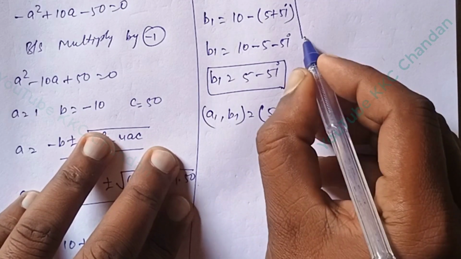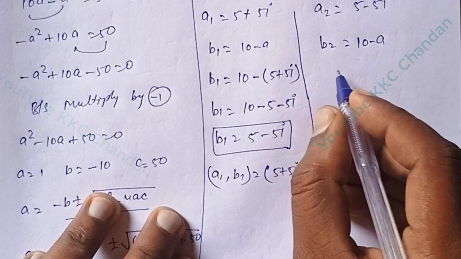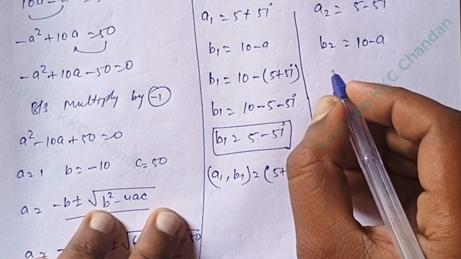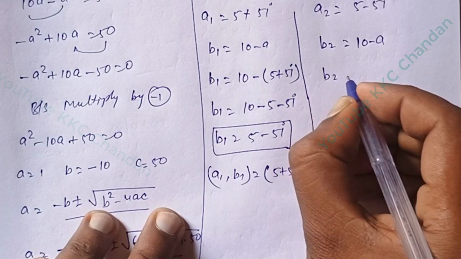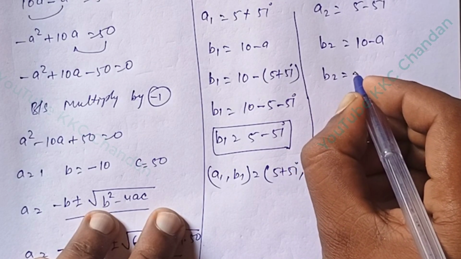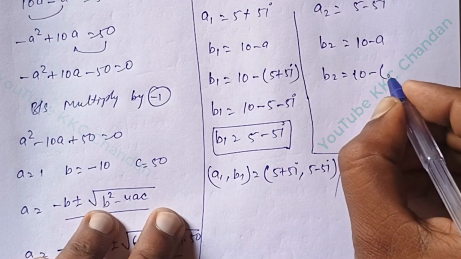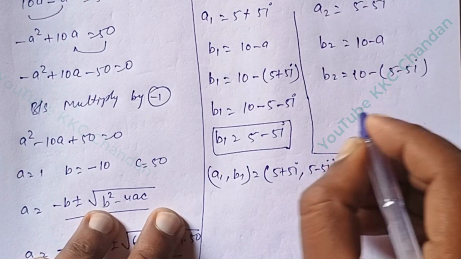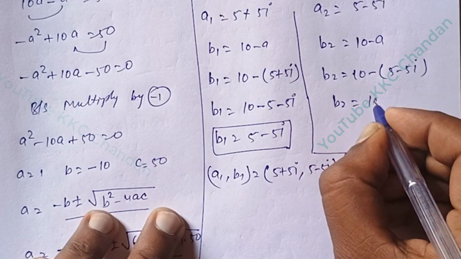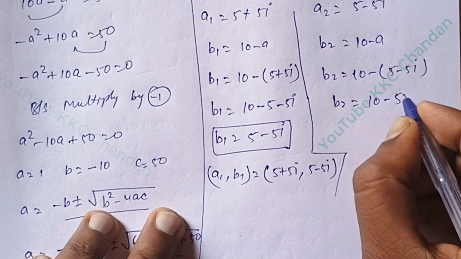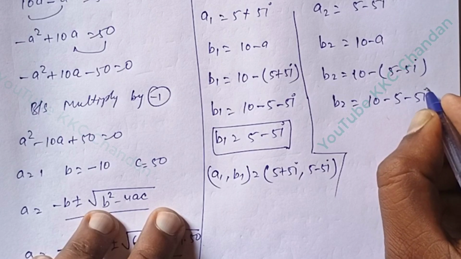Now we want to find the b2 value. Therefore b2 is equal to 10 minus the a2 value 5 minus 5i. So b2 is equal to 10 minus 5 plus 5i.